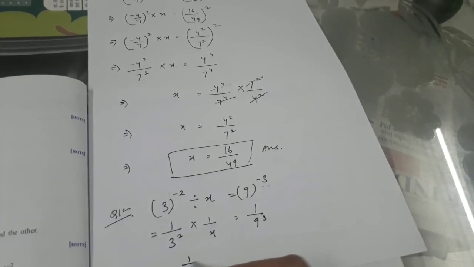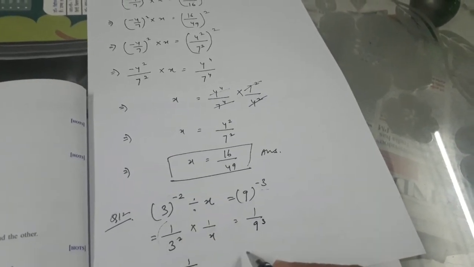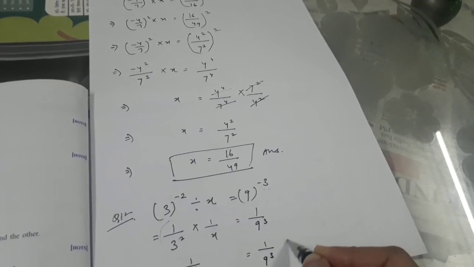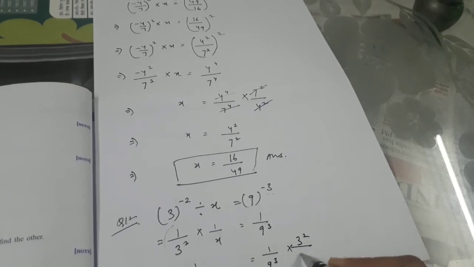So we can transpose this to this. So 1 by 9 raised to the power 3 into 3 square by 1.